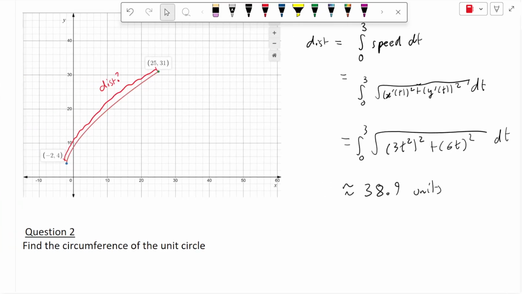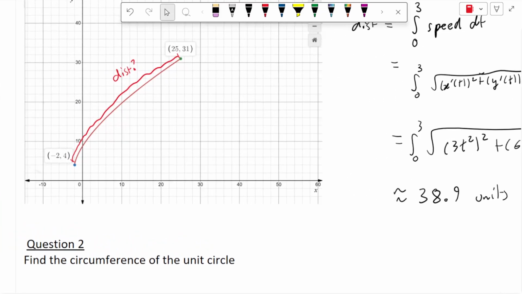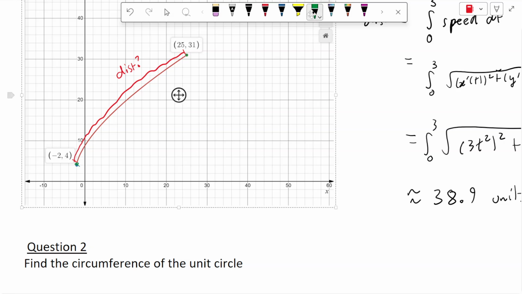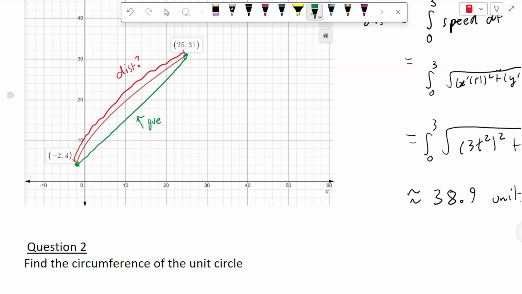Yeah, are we right? How do we know, first of all? So a good guess at what the distance is: we could use Pythagoras on this. So the triangle is 27 wide from the start of this curve, going from -2 up to 25. And the triangle goes up from 4 to 31. So conveniently, that's actually 27 high as well.